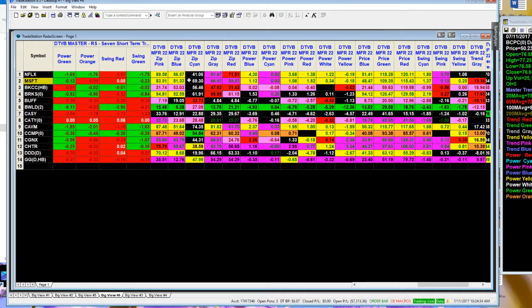I mean, these 22 market force recognition indicators, these individual indicators, you can run through 300 stocks so quickly and find the highest counts very fast. It's all color coded. It's easy to do. It's quick.